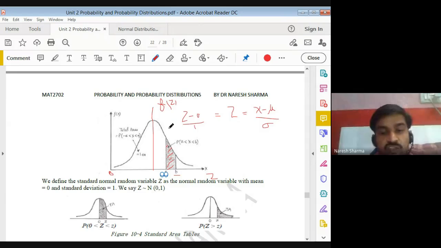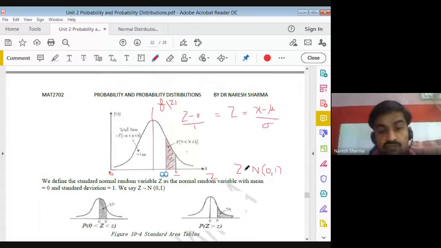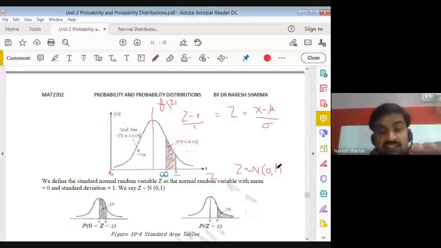So we convert the normal distribution into a new distribution where the mean is 0 and the standard deviation is 1, and the variable is z. You may write 1 or 1 square, because the standard deviation is 1.